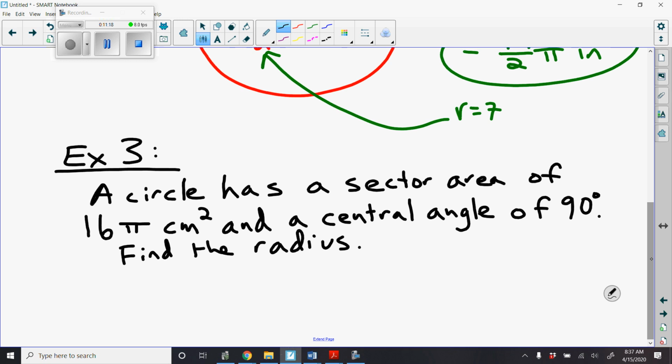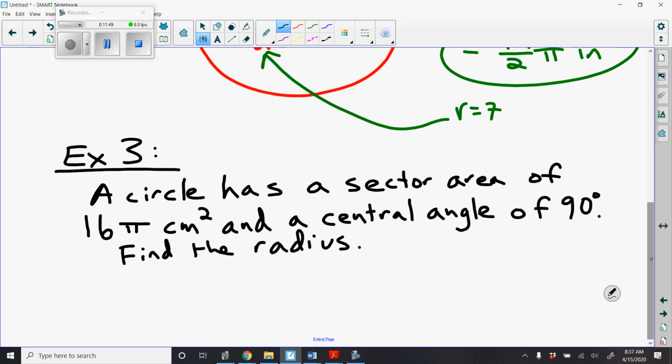A circle has a sector area of 16 pi centimeters squared and a central angle of 90 degrees. Find the radius. Okay, so I know this is a sector area problem, but I actually know the sector area, right? It tells me the sector area is 16 pi centimeters squared, and it tells me the central angle. It's asking me to find the radius. I'm using that same equation, okay, but now my unknown is going to be the radius.